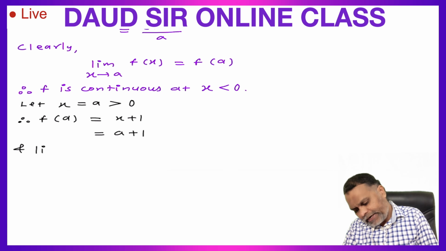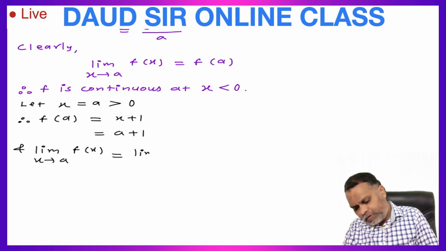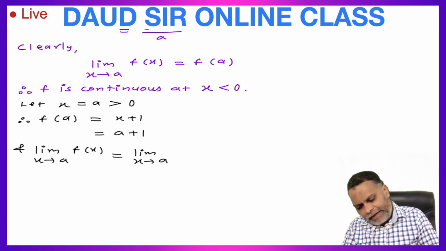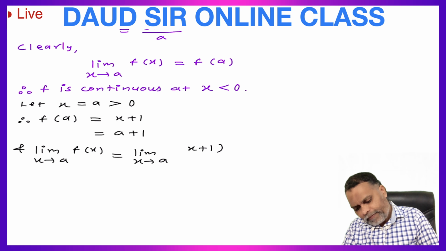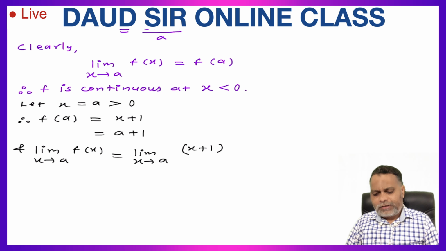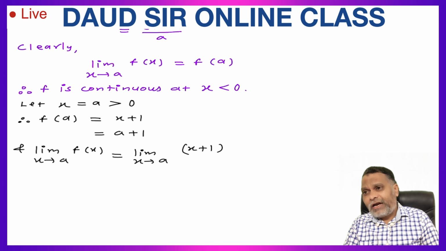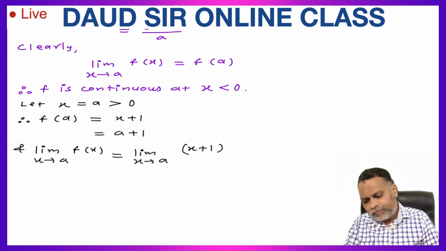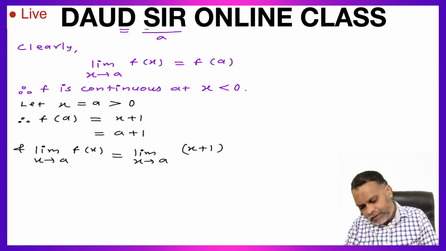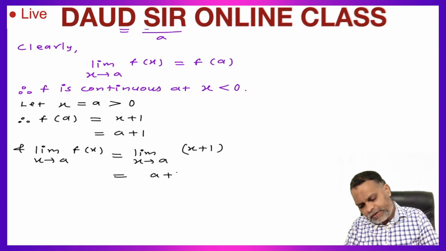And calculate the limit x tends to a, f of x is equal to limit x tends to a, x plus 1. For x is greater than 0, the value of function is x plus 1. Here a is greater than 0, so directly put x is equal to a, giving a plus 1.